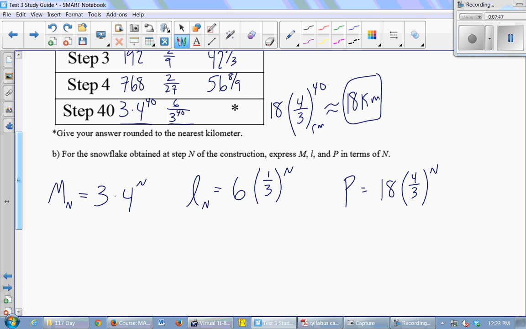You could also come up with perimeter. You'll get the same formula, but an alternative way of coming up with this is to do M sub n times L sub n. Multiply your 3 and your 6 together and you get 18. And then multiply your 4 and your 1/3 and you get 4/3 to the n.